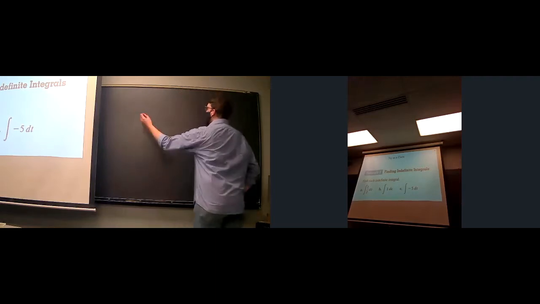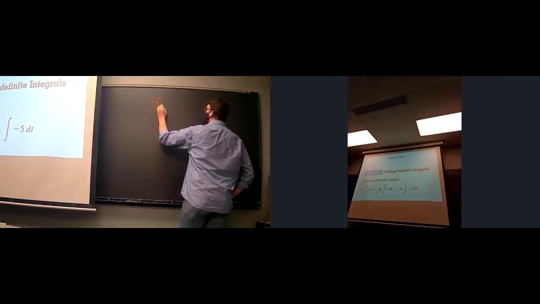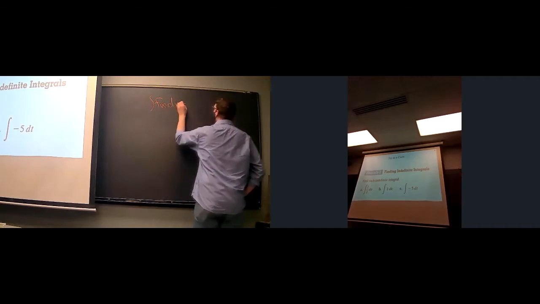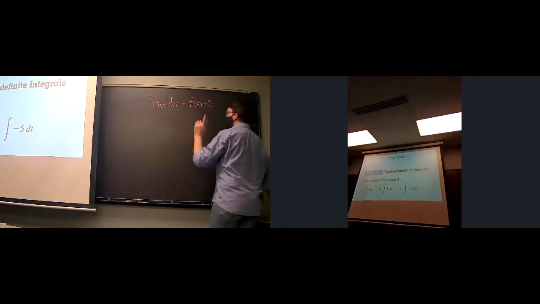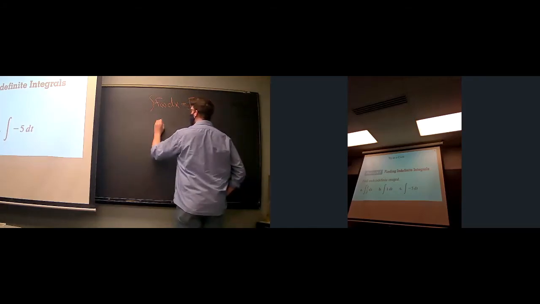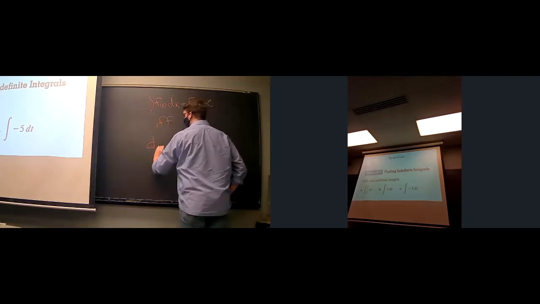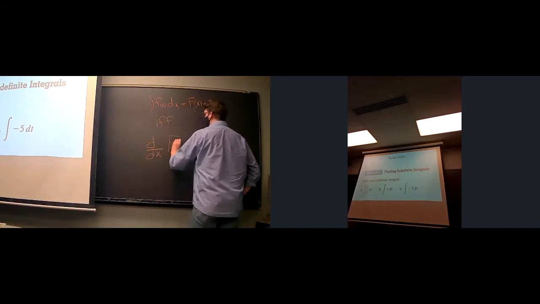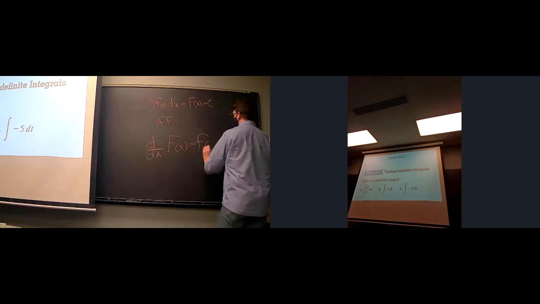So we say that the integral of f of x with respect to x is equal to capital F of x plus c if and only if the derivative of capital F of x is equal to f of x.